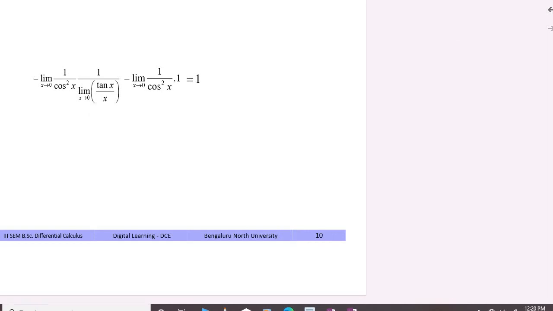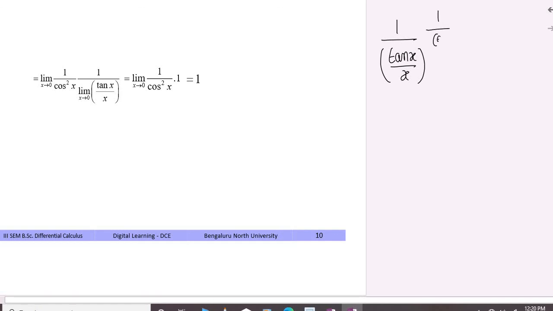Again x by tan x can be written as 1 by tan x by x into 1 by cos square x.